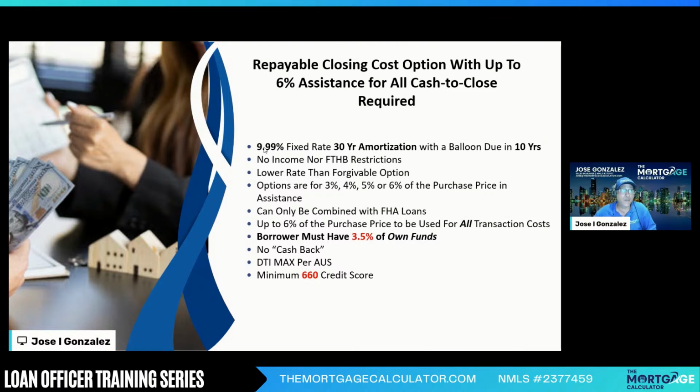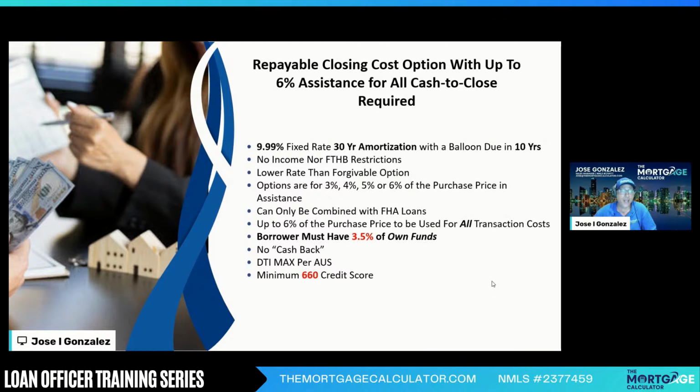The assistance is in the form of the same 9.99% fixed rate second mortgage, 30-year amortization with a balloon due in 10 years, with never income nor first-time home buyer restrictions. This is also a lower rate than the forgivable option, and it is offered in 3%, 4%, 5%, or 6% of the purchase price in assistance. Now, usually that 6% is going to come into play, since this is for closing costs, in your lower price properties, right?